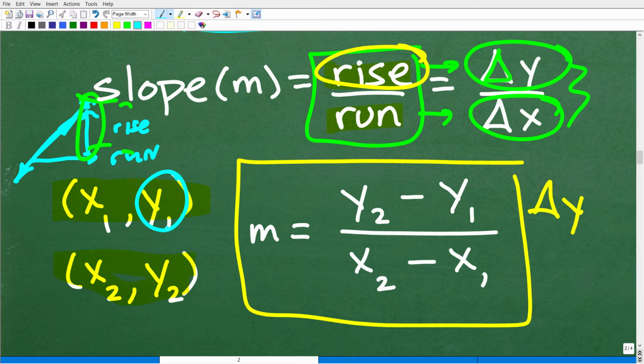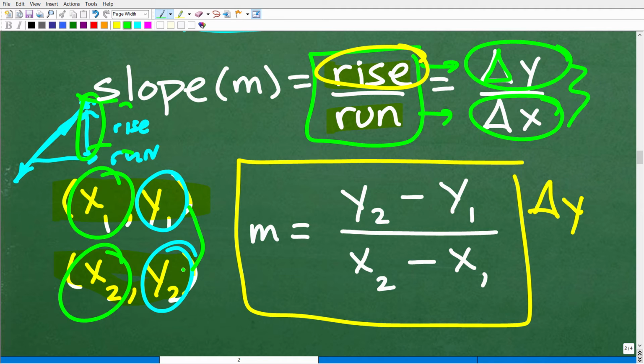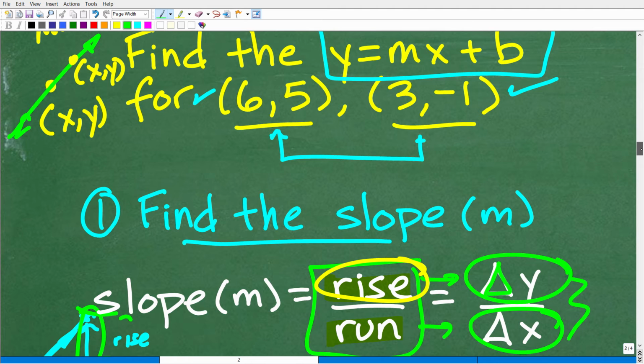This point will have Y1 as its Y coordinate, and this point will have Y2, and then our respective X coordinates will be X1 and X2. So what we need to do is simply follow this formula: Y2 minus Y1, the differences of the Y's, over the differences of the X's, X2 minus X1.